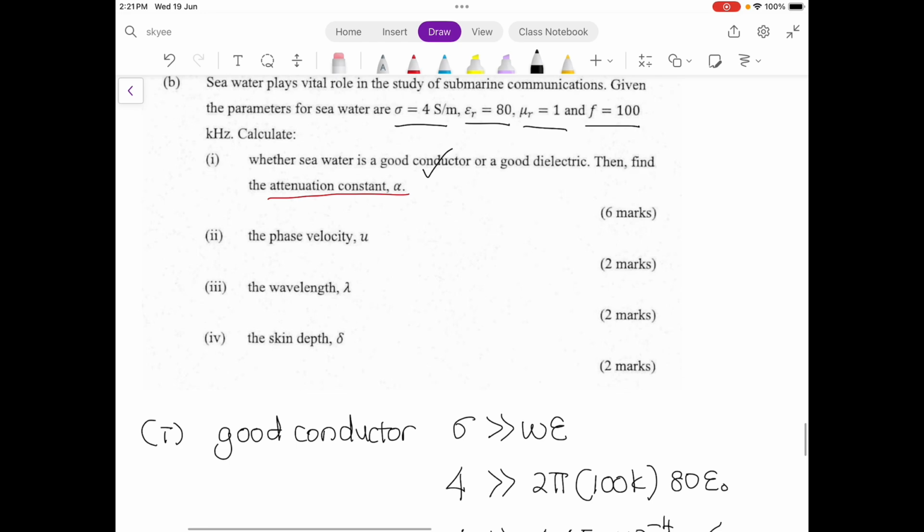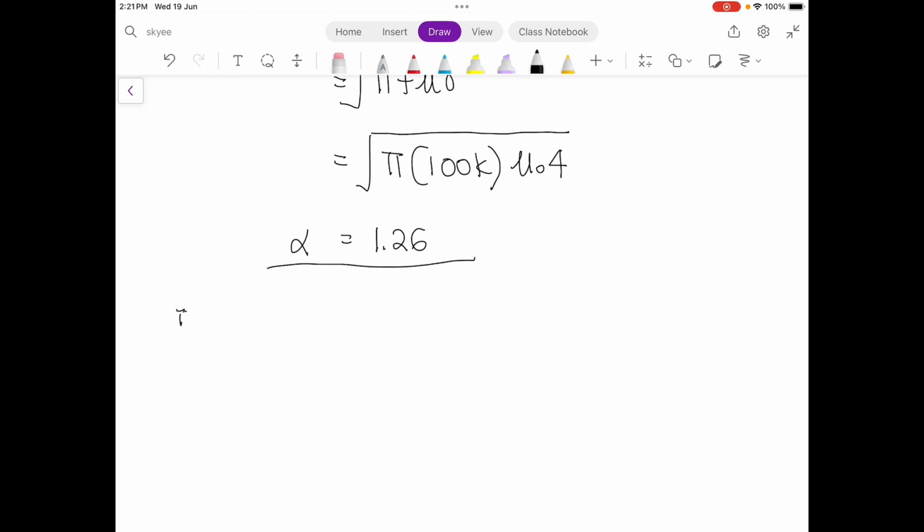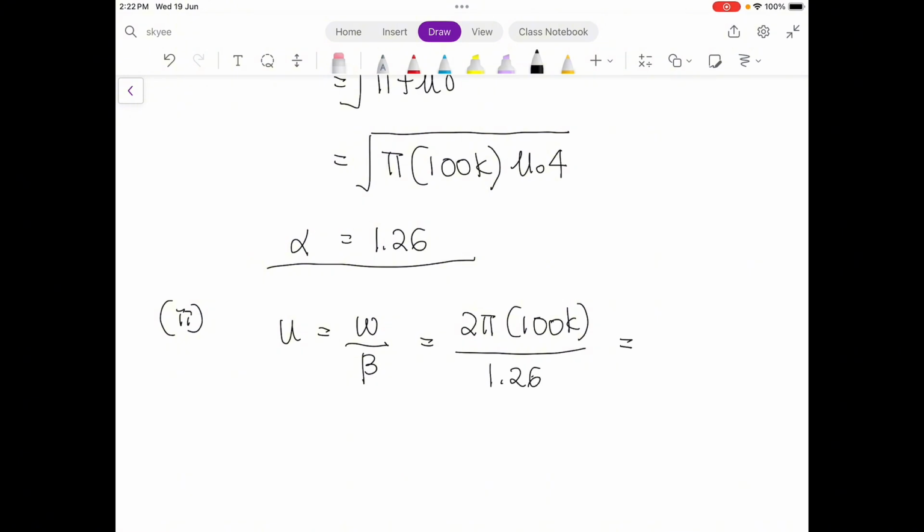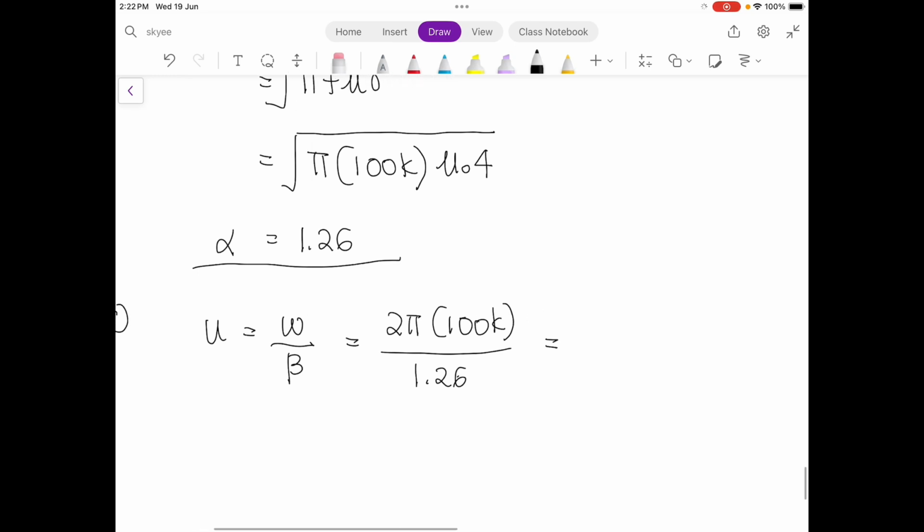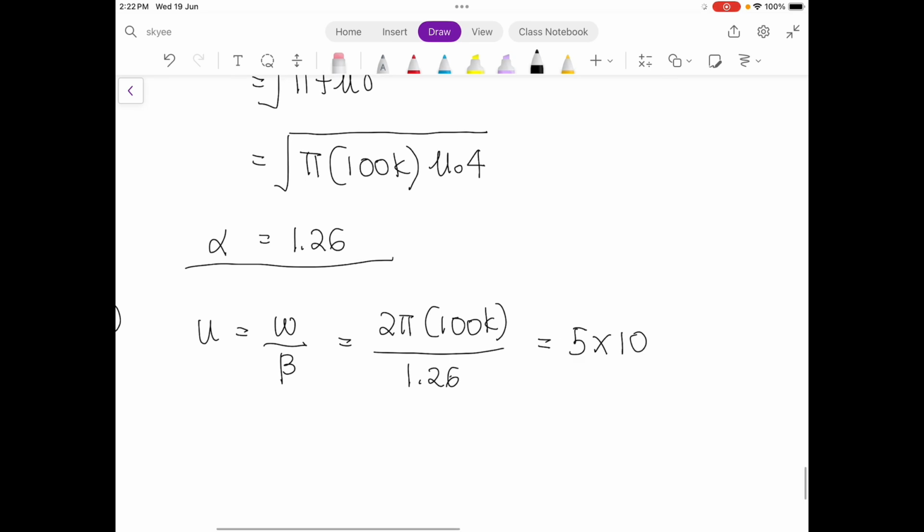Next we look at the phase velocity. The symbol is u, and u equals omega divided by beta. Omega is 2 pi f, f is 100k, and beta is 1.26 because it is the same as alpha. You can calculate it, and the answer is 5 times 10 power 5.